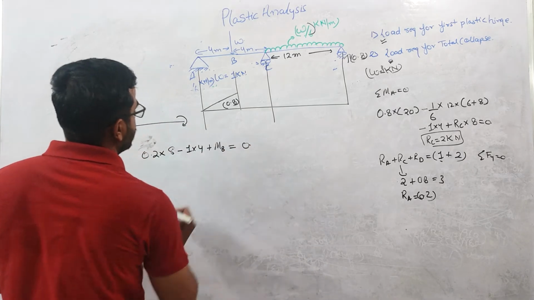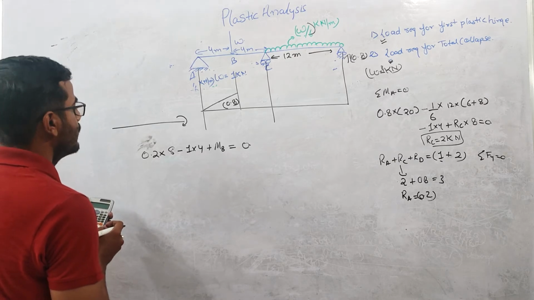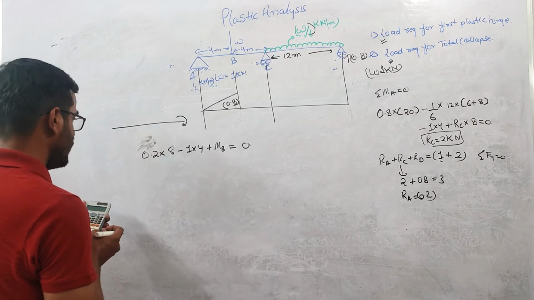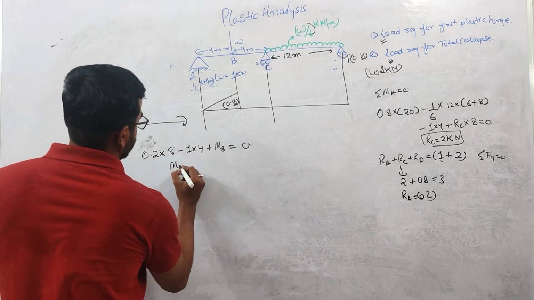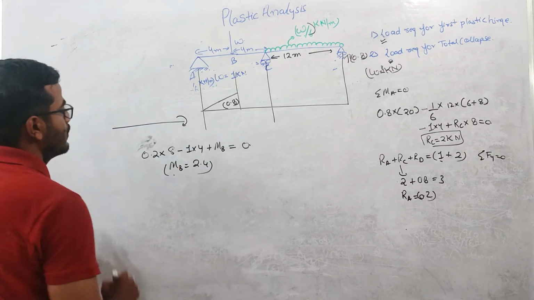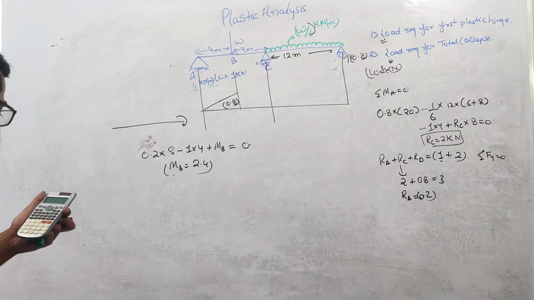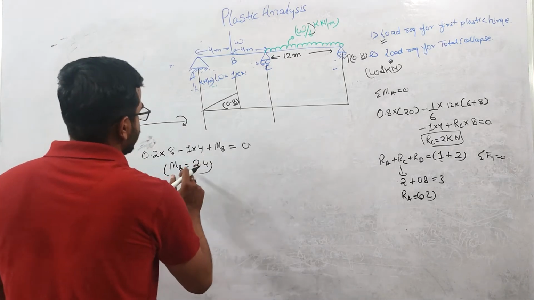So the value will be 0.2 into 8 minus 1 into 4. So MB comes out to be 2.4.